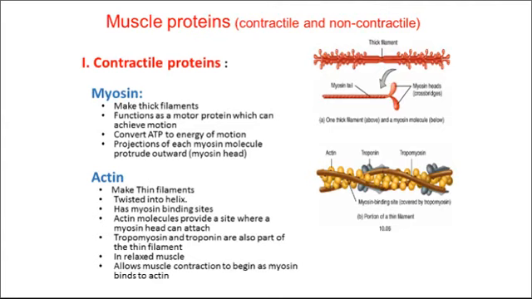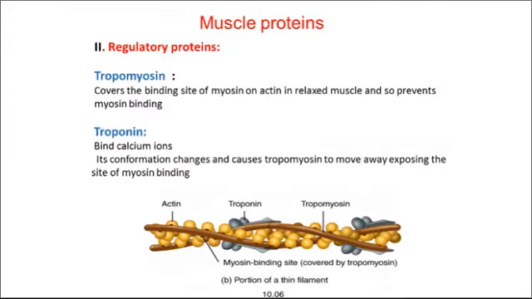So these are the contractile proteins and regulatory proteins. Myosin and actin are considered contractile proteins. Then we have the regulatory proteins, including tropomyosin and troponin.